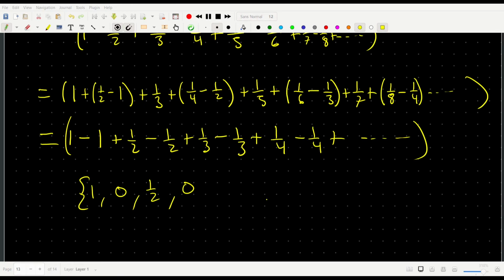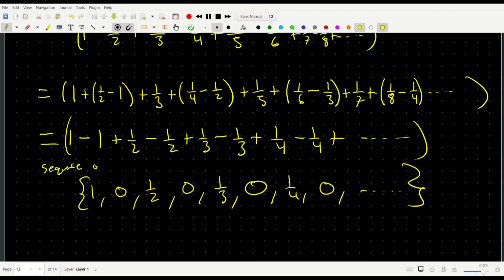Then the next term is going to be 1/3, and the next term is 1/3 minus 1/3, which will be 0, and so on and so forth. This is the sequence of partial sums. And this sequence of partial sums has a limit of 0.